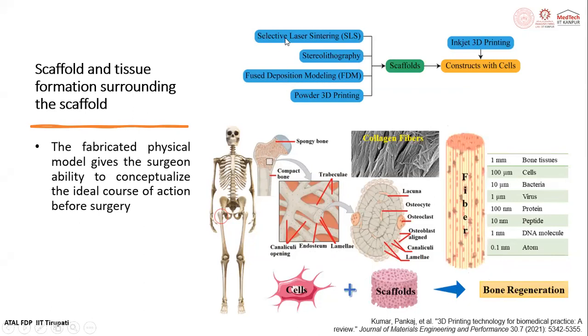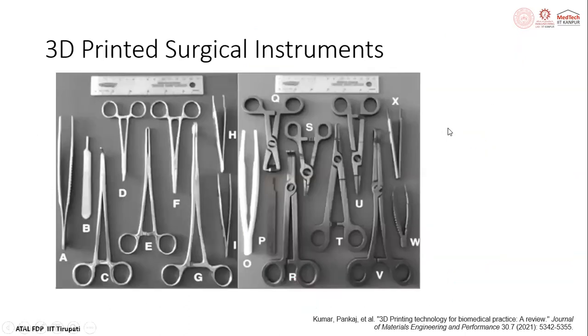When we talk about the laser process, you will have SLS, you will have stereolithography, you will have fused deposition, and you will have the other processes. The next one is, you can see it is not only the bones, but also the instruments used for surgery that can be 3D printed.